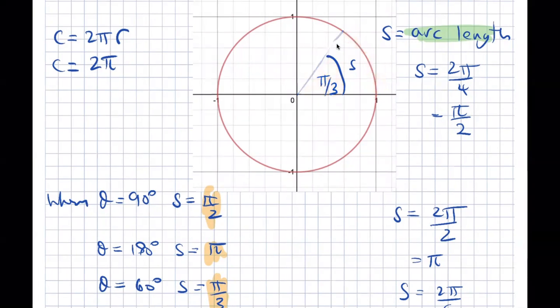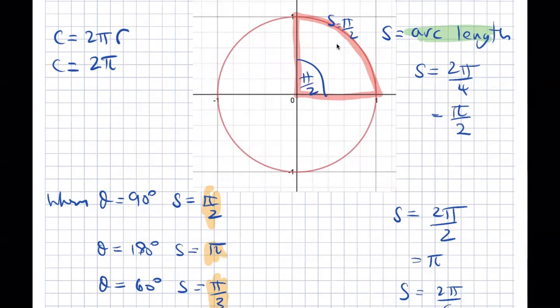If we just remove that, we'll go back. We had 90 degrees over here. So this is 90 degrees there, and my arc length when it is 90 degrees is pi over 2, so S is pi over 2. Therefore, when I've got a unit circle, that angle in radians is pi over 2.